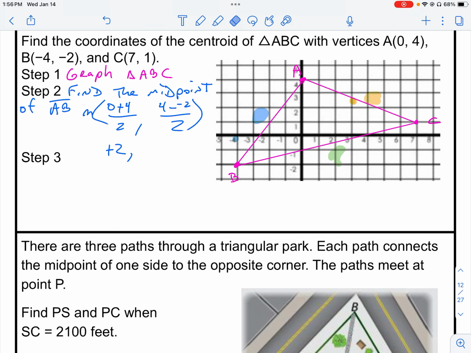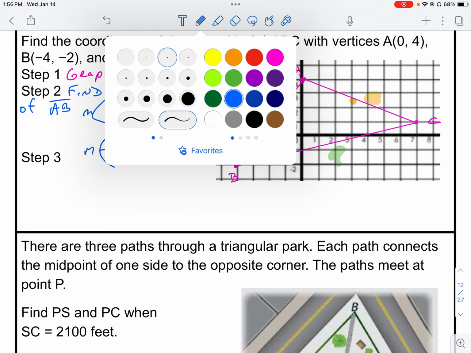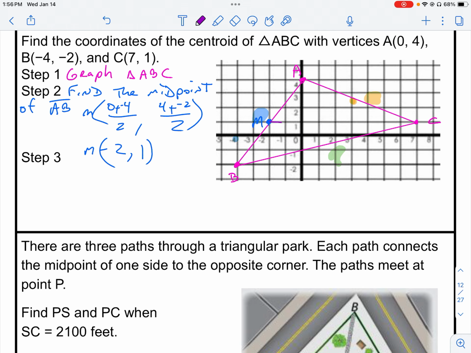We add these, -4. So plus -4 plus -2. There we go. We got our signs right. 4 plus a -2, which is 2, divided by 2 is 1. There's our M, -2, 1. Oh yeah, that is definitely what we were looking for. So horizontal line with the equation y equals 1.